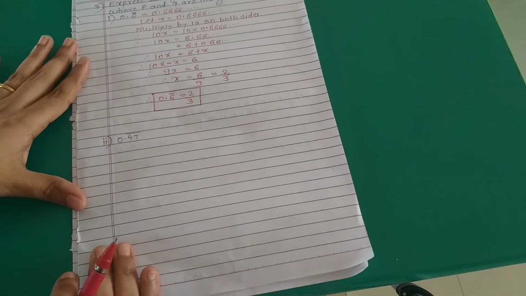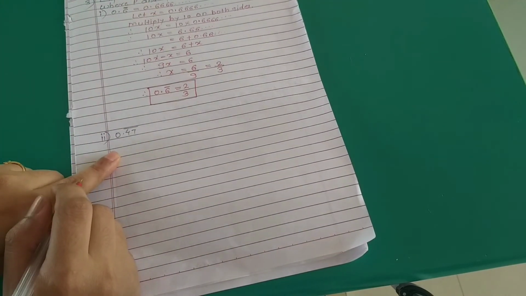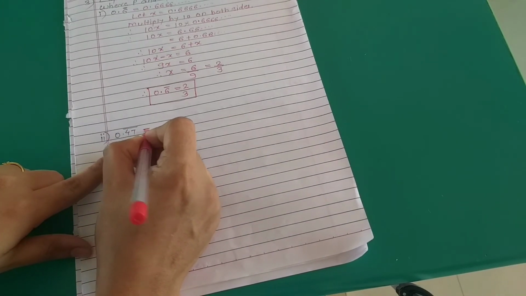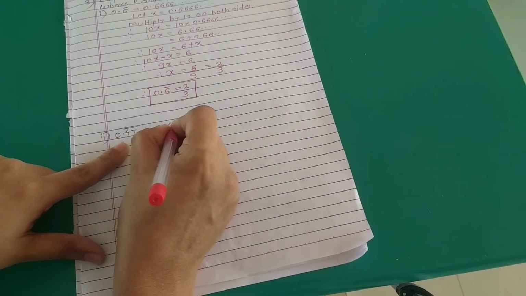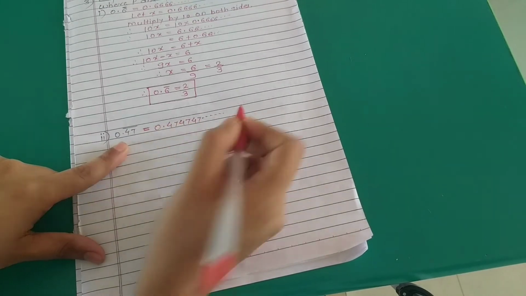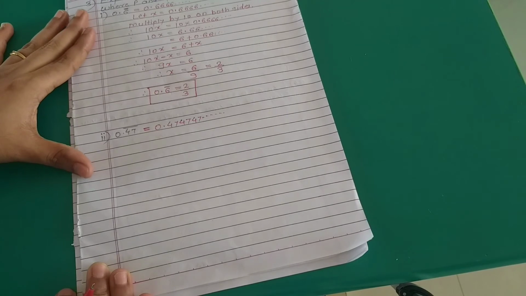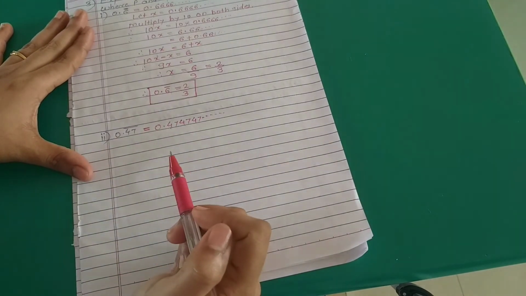Okay, so now the next example is 0.47 bar. In this example, 0.47 bar, the two digits 47 are repeated. We get the same block of numbers in the quotient: 47, 47 and so on.